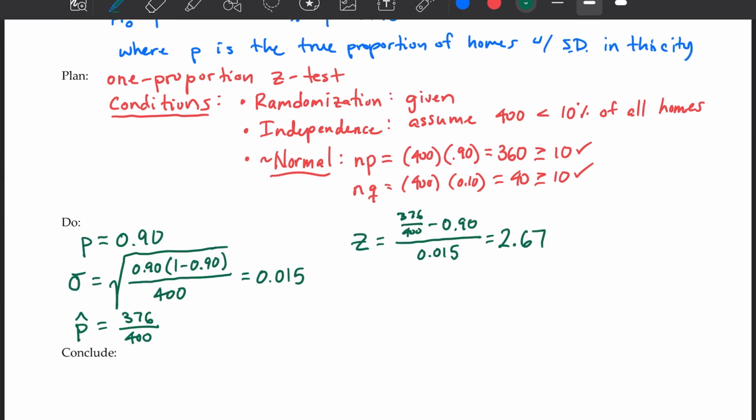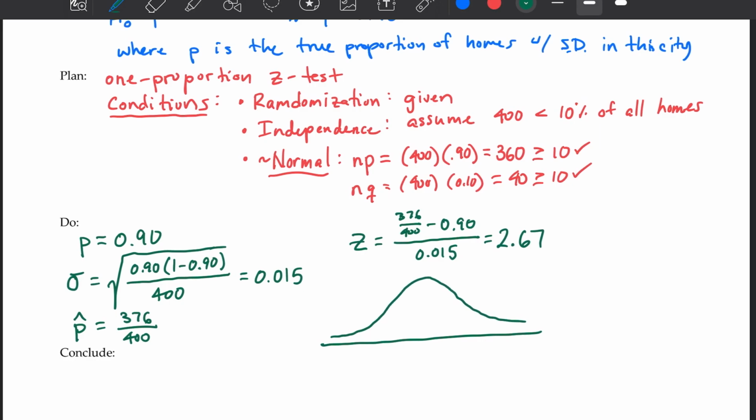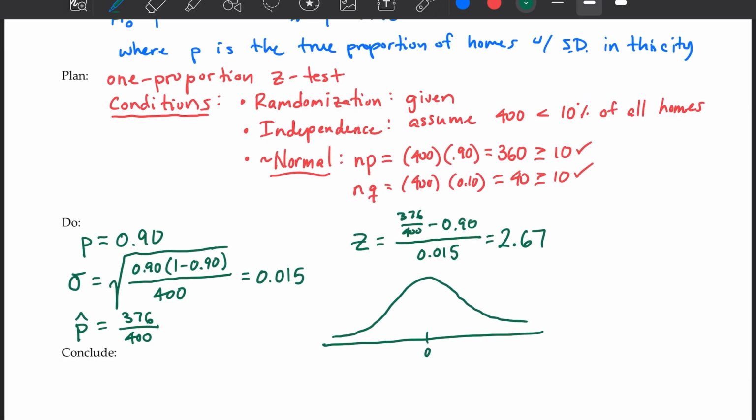Awesome. So if we were to think about our normal curve here, centered at 0 with standard deviations of 1, because I've standardized this, I'm looking for a z-score of about 2.67, maybe right about here.